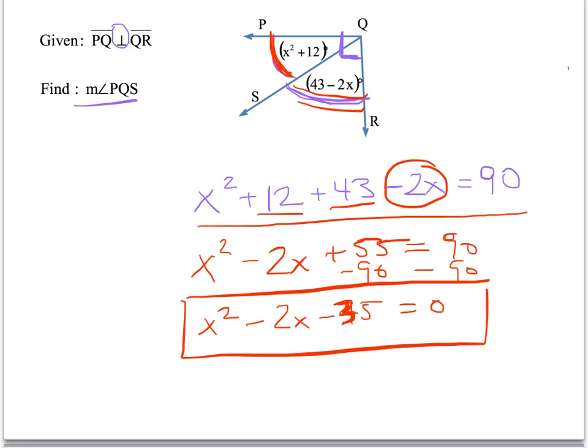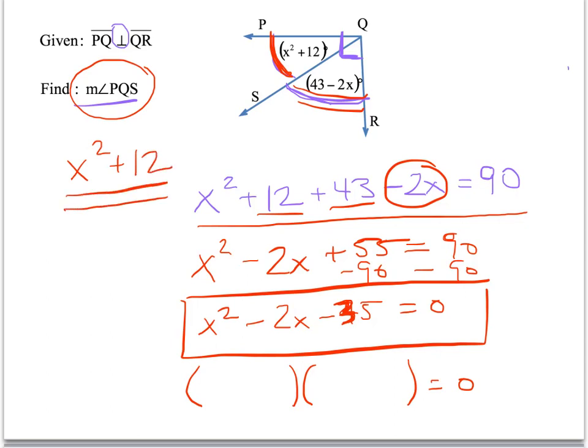I want you to factor this, solve for x, and once you get your x value, remember, plug it in for angle PQS. You're going to plug your x value in for x squared plus 12. You may get two answers.